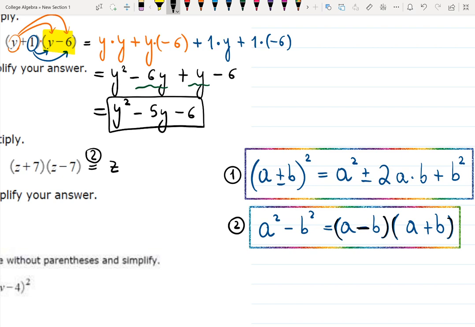This minus here dictates who goes first, a minus b. So z minus 7 tells me that z squared will be first, minus 7 squared. And the answer is z squared minus 14. Oh, why 14? 7 squared is 49. I'm checking that you're paying attention. So put this in the box.